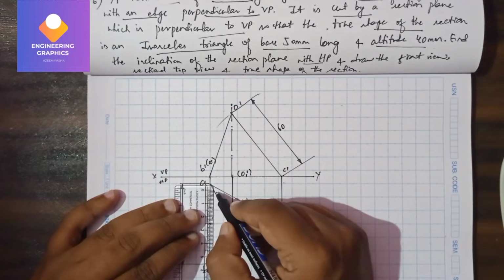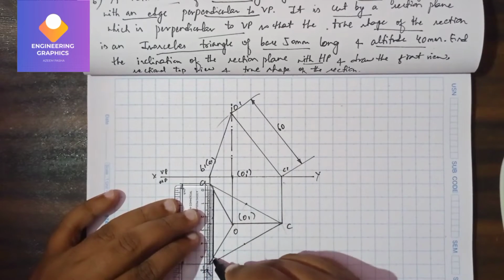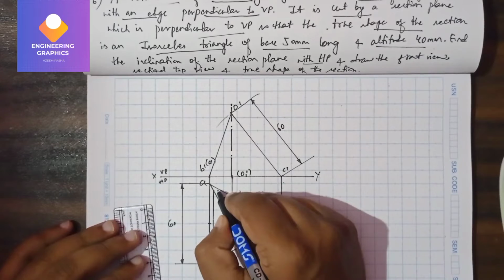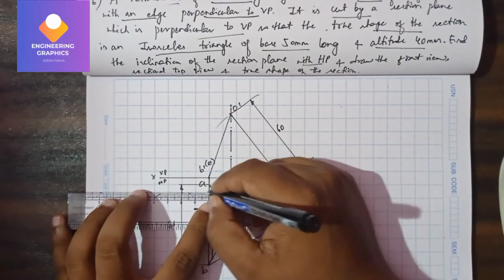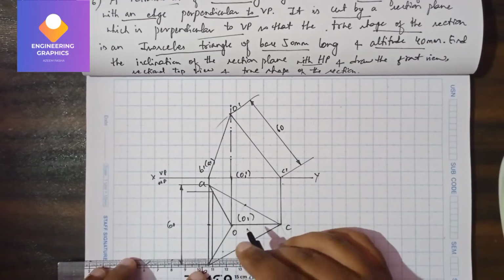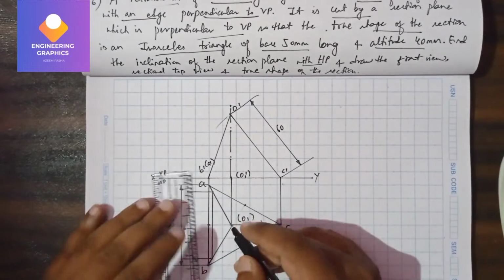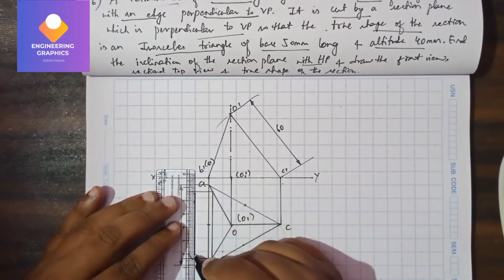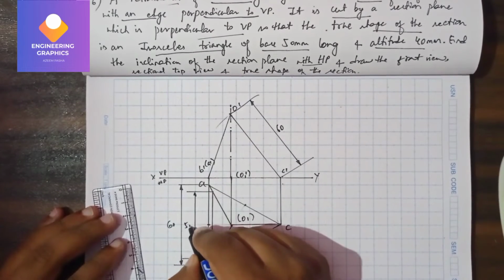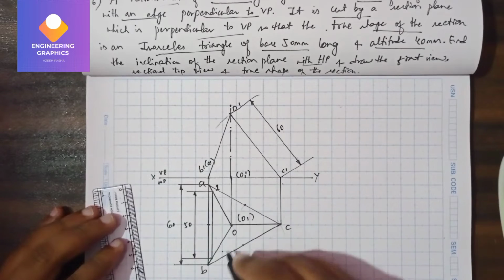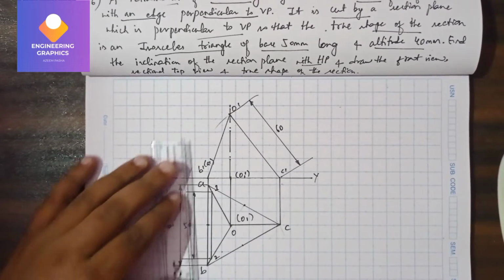Here I'll be drawing one line. This base side length I'm going to show here for the isosceles triangle, that is 50. So this is point number 1, this is point number 2.